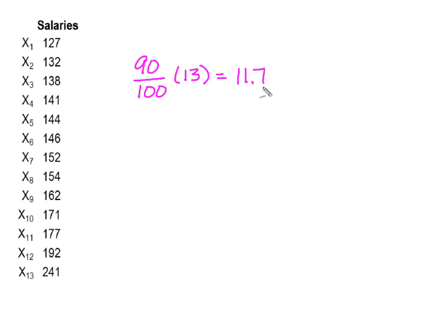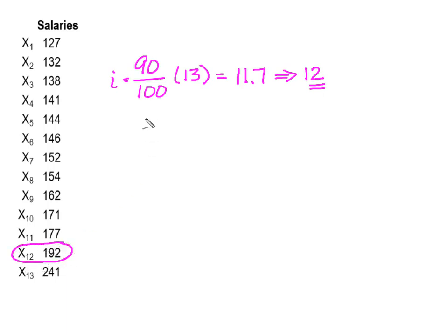So this is a non-integer value. In other words, it's not a whole number. So the rule is I'm going to round up to 12. Now remember this is the index, so I need to find what value resides in the 12th position from top to bottom, and that's this.